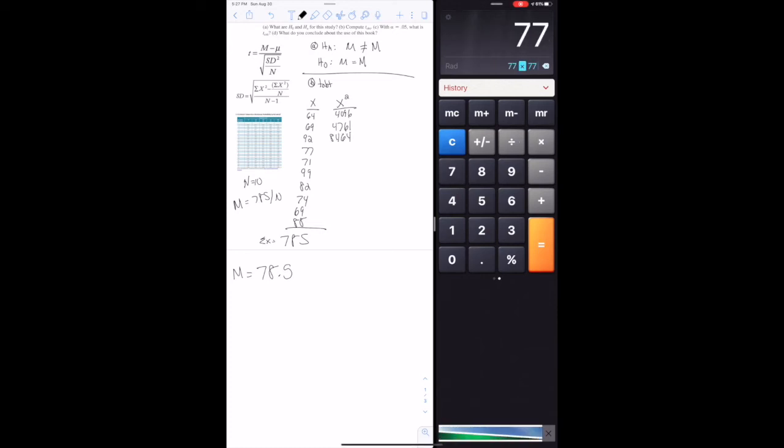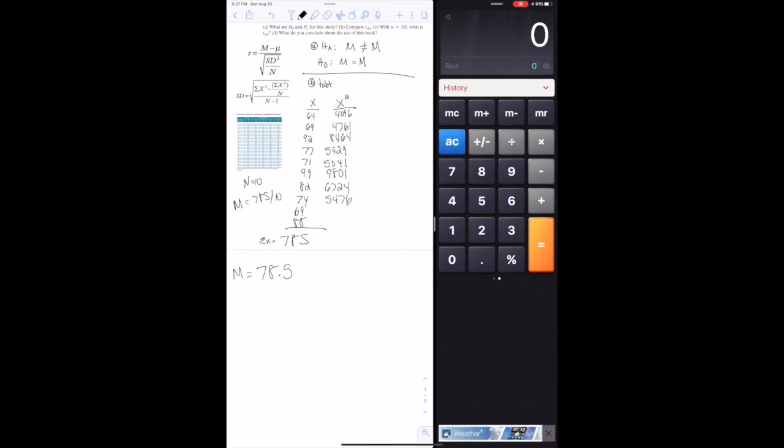77 squared, 5929. 71 squared, 5041. The column's slowly drifting left. 99 squared, 9801. 82 squared, whoops, 6724. 74 squared, 5476.